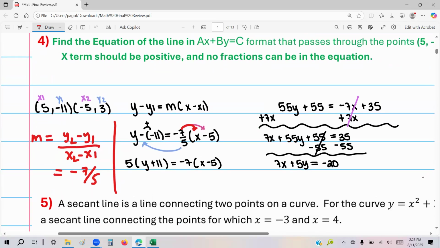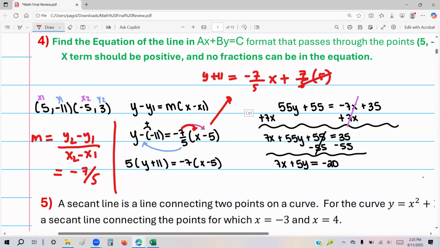First step, you distribute, so you get y plus 11 equals negative 7/5 x minus, plus 7/5 times 5. So the 5 cancels out.